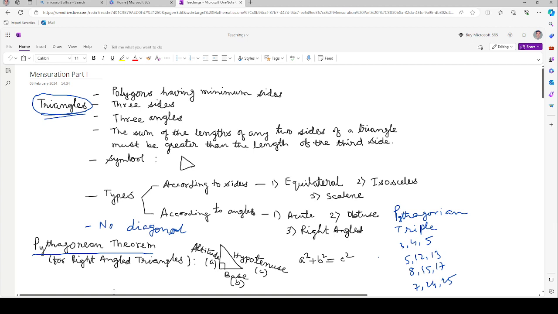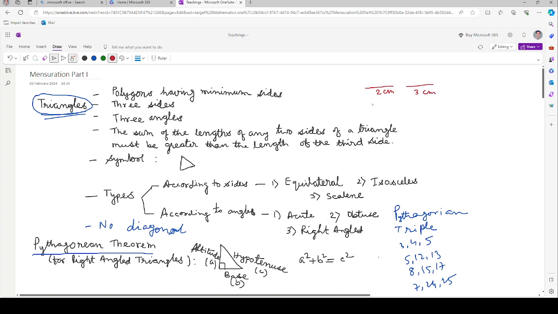This means that I am showing you, say there are one side 2 centimeter, one is 3 centimeter.